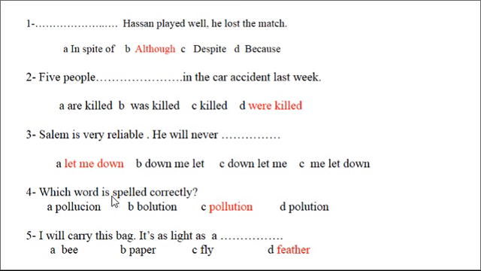Which word is spelled correctly? A, B, C, D. The answer is C. 5. I will carry this bag. It's as light as a space. The answer is D, feather.